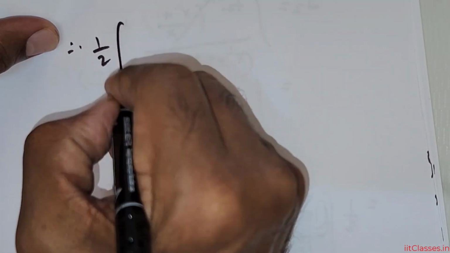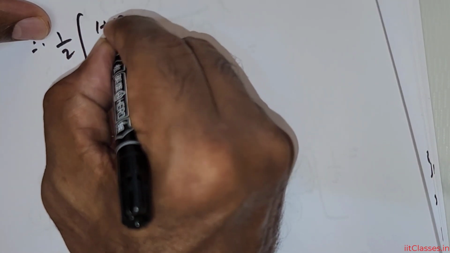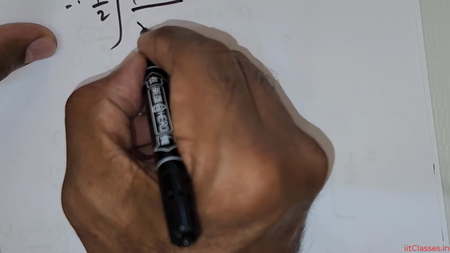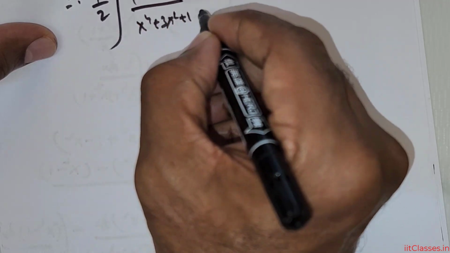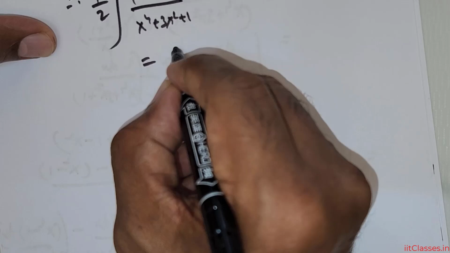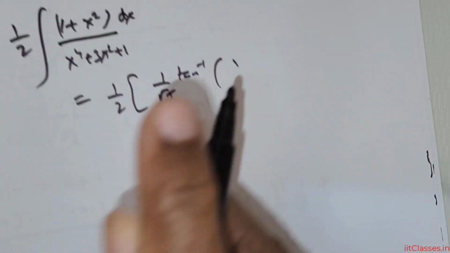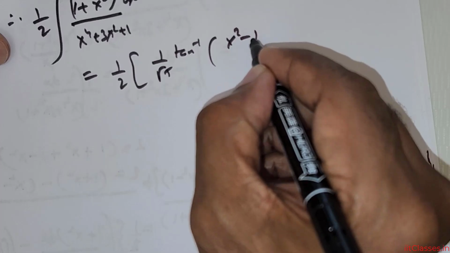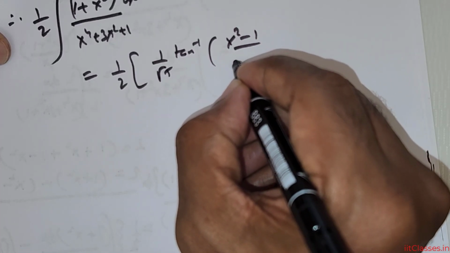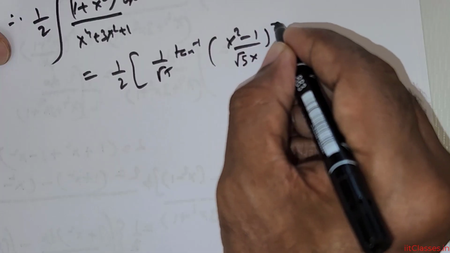Therefore, half times the integral of (1 plus x squared) times x divided by x to the power of 4 plus 3 times x squared plus 1 is equal to half times the integrated value, which is 1 over root 5 tan inverse of (x squared minus 1) divided by root 5 times x.